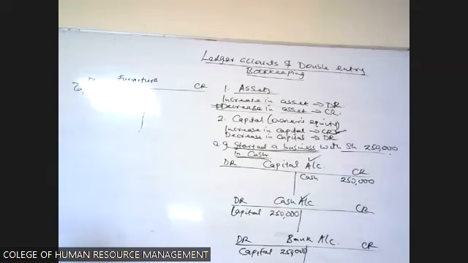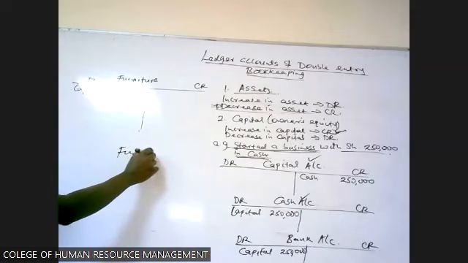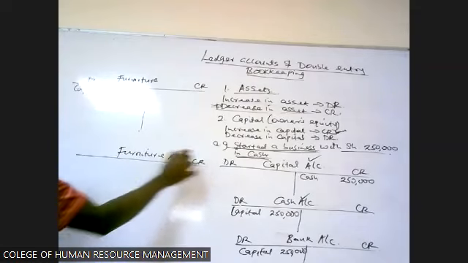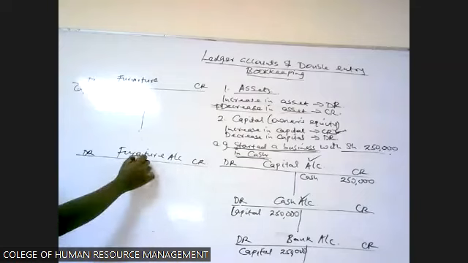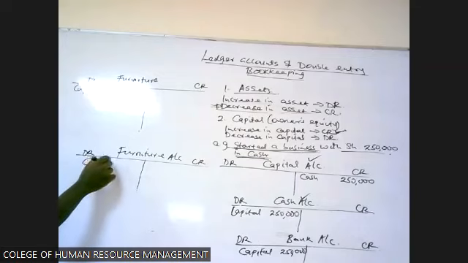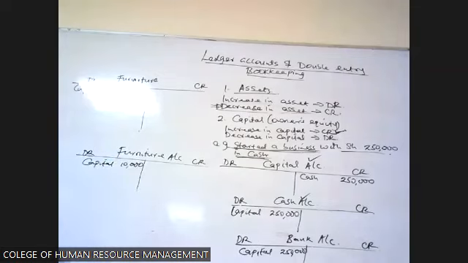So whenever the owner is bringing in capital, you come here and you say capital. Maybe it was furniture valued at 10,000. So you write it on that.